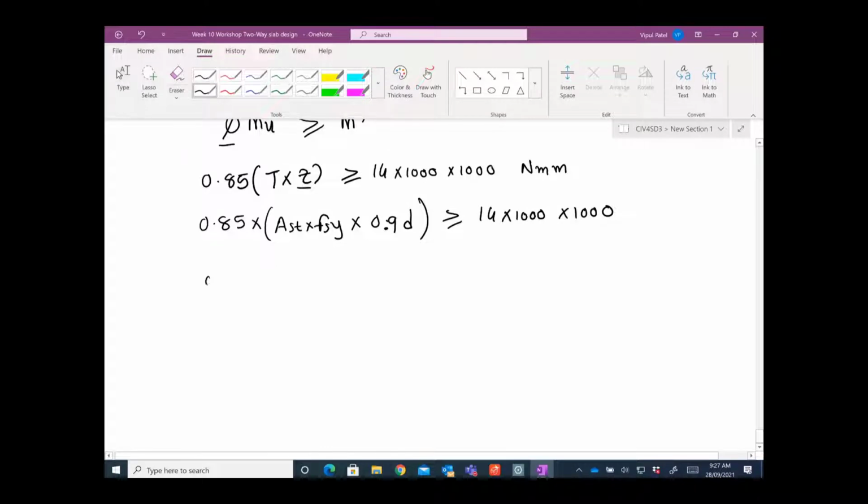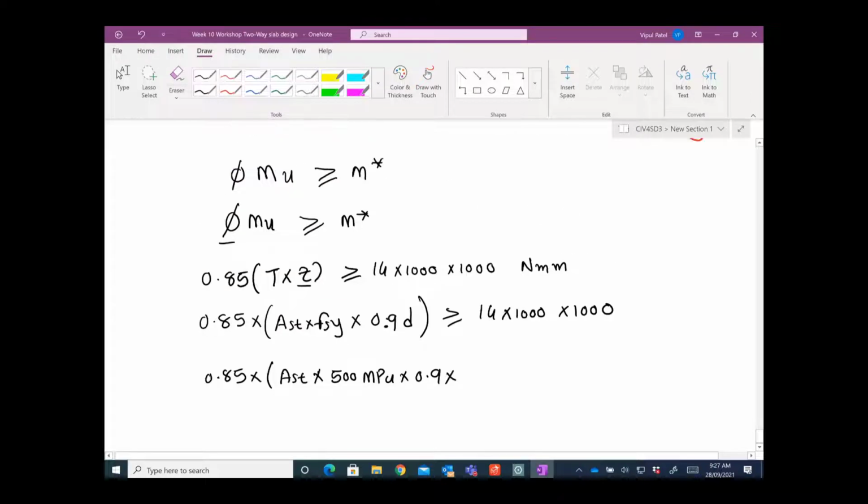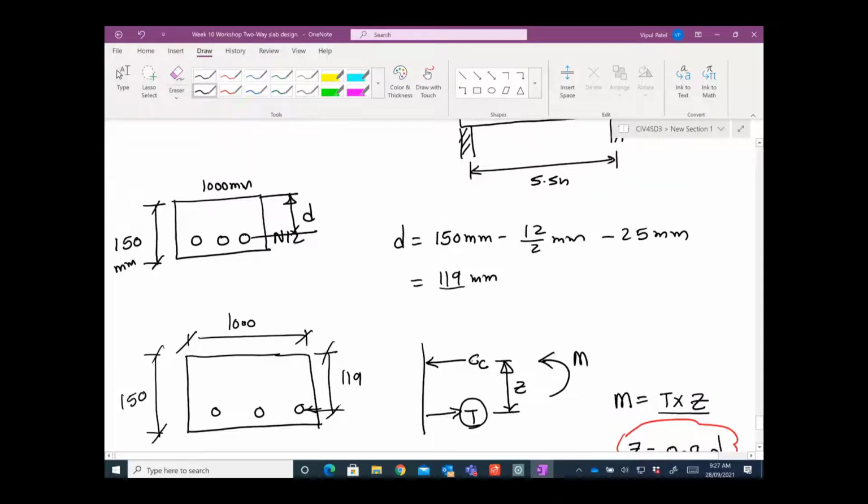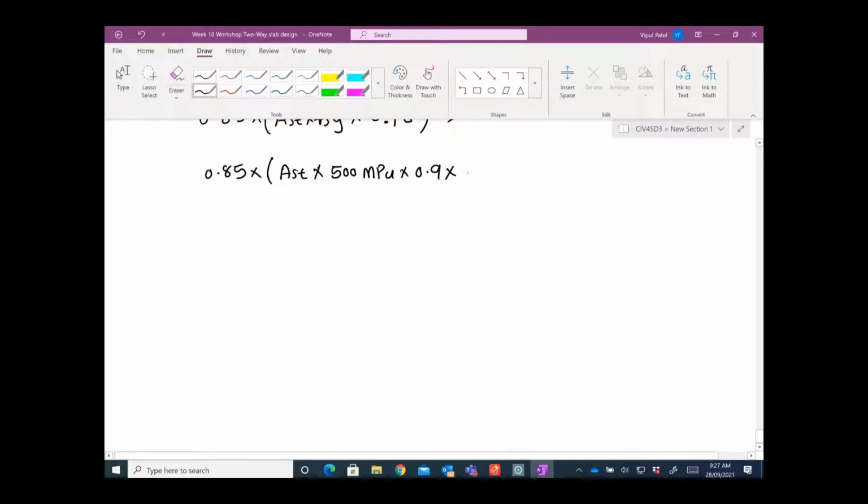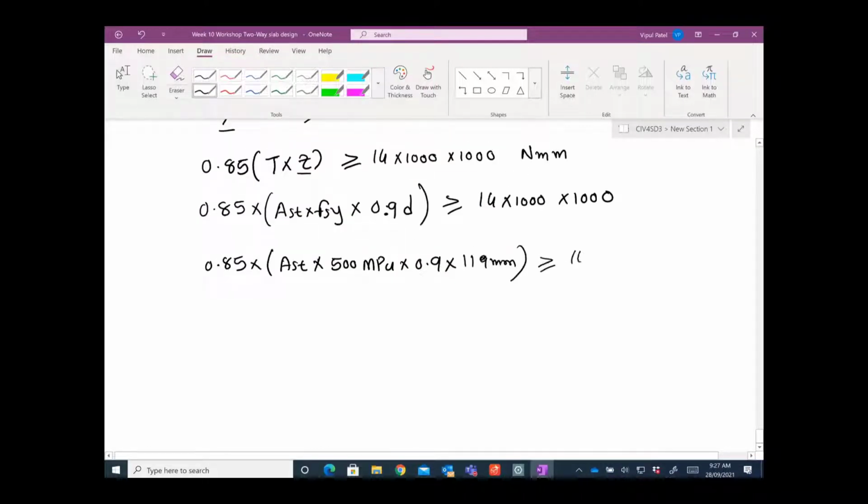So let's substitute FSY for N bar. For N bar, FSY is 500 megapascals, Newton per millimeter square, 0.9. The D we just calculated is 119 millimeters, greater than or equal to 14 times 1000 times 1000 Newton millimeters.